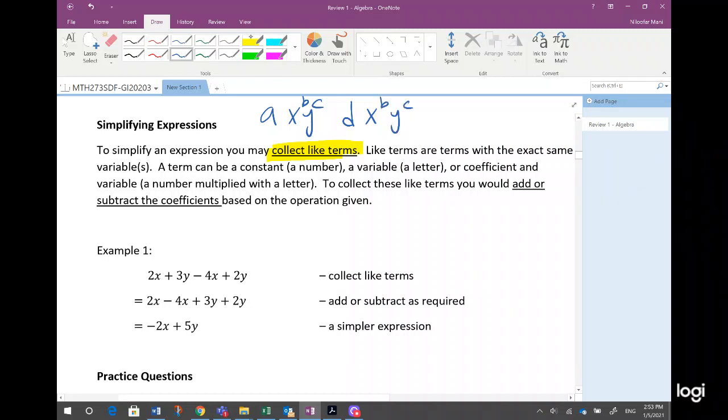So I have the same thing here, and just different coefficients. Means I have apple and apple. For example, I have 5 apples and 10 apples and I want to add them or subtract them.